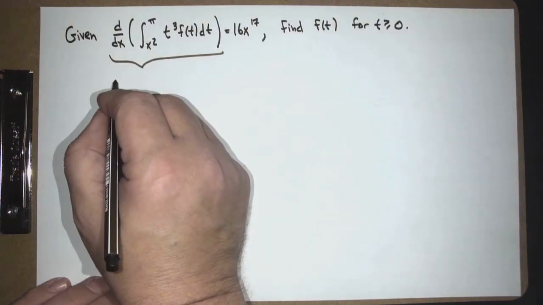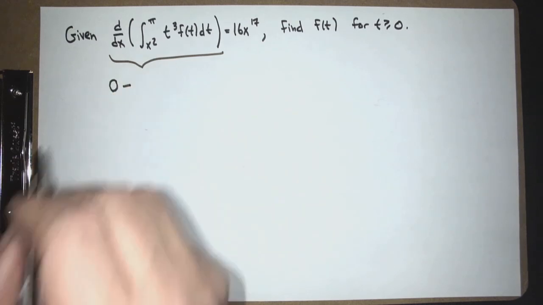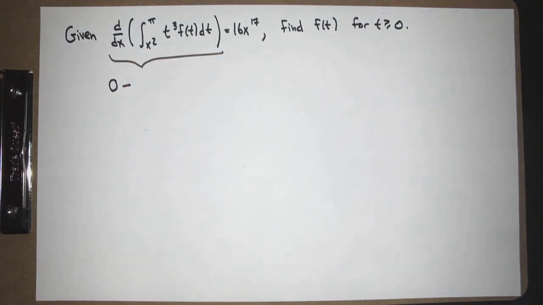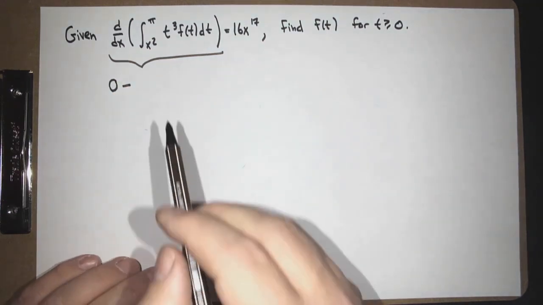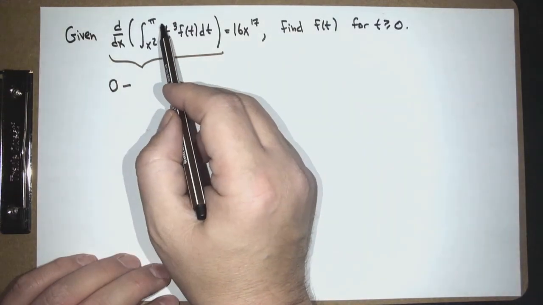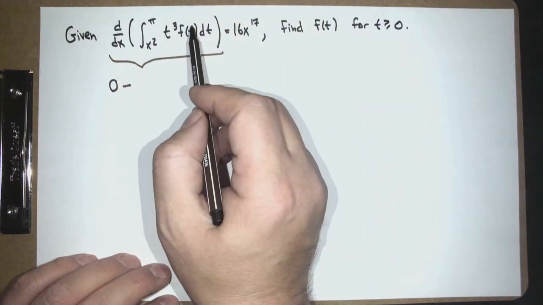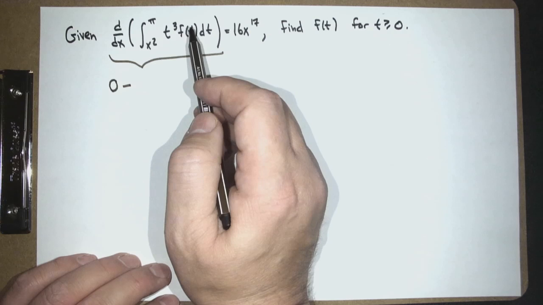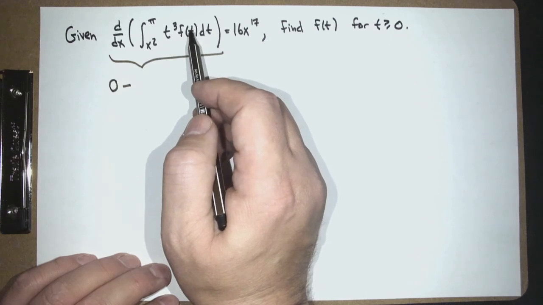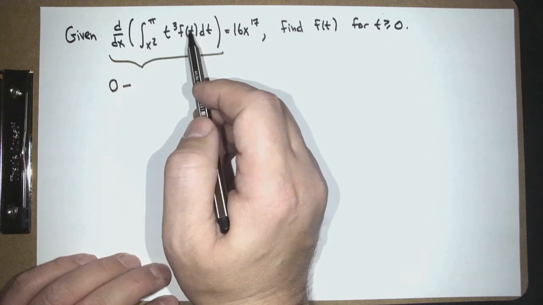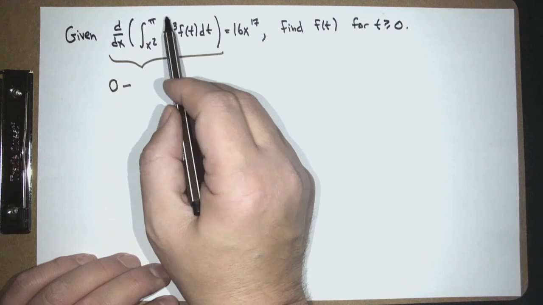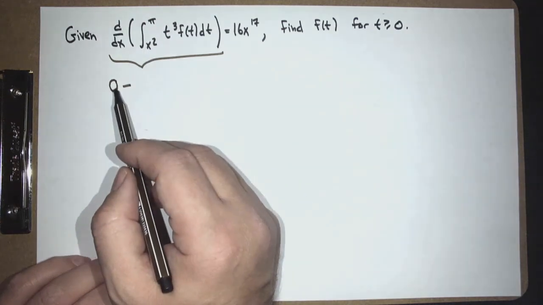So it's going to be, we can think of it as 0 minus. So if you think about plugging in the upstairs, because you could plug the upstairs in, right? Plug the pi into t cubed, plug the pi into f. But then what would you multiply by? The derivative of pi, which is 0. So a constant will lead to a 0 term.